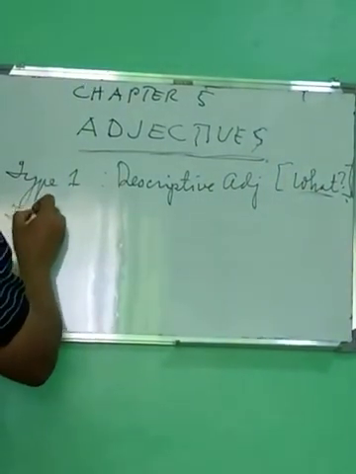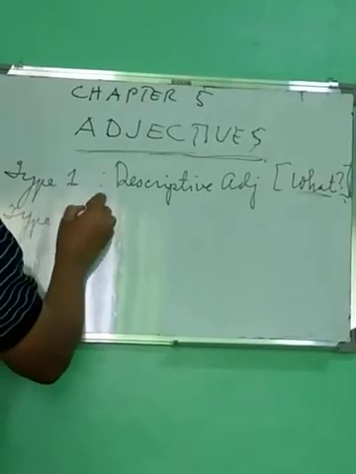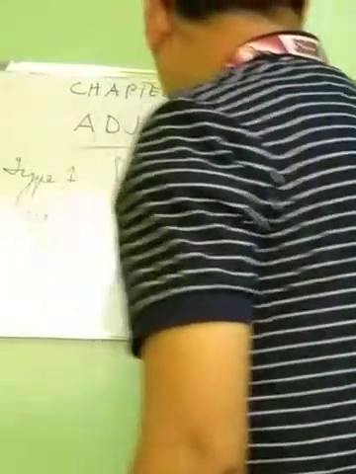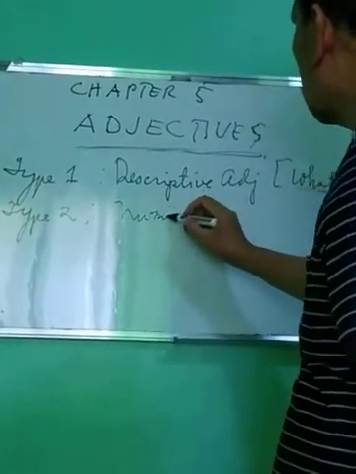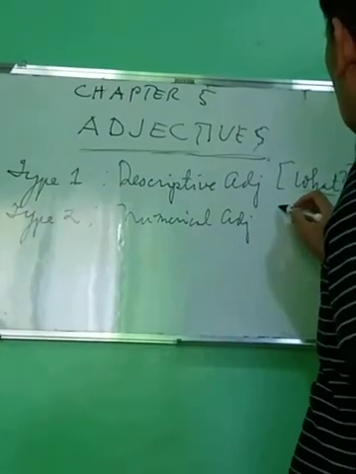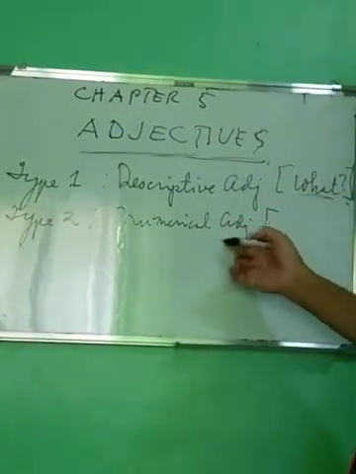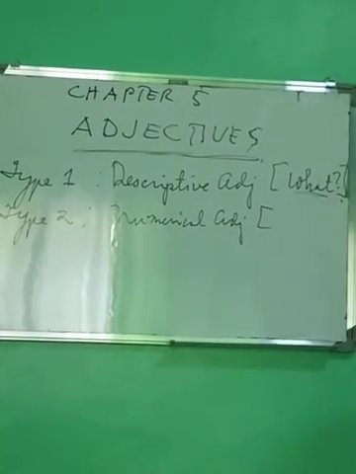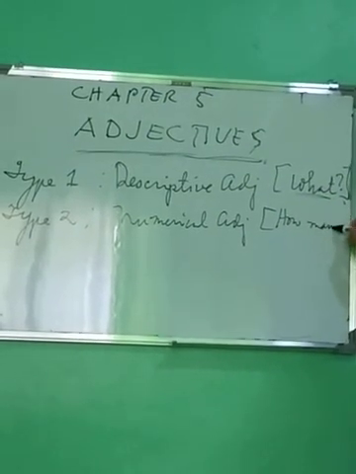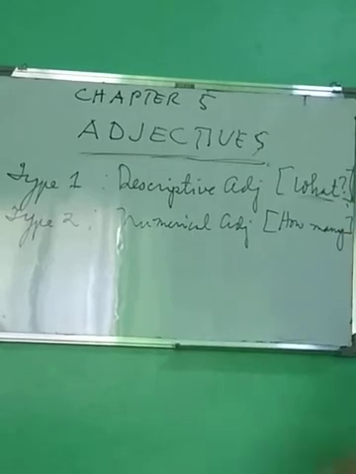For type 2, what is type 2 again? Numerical adjectives. So, what question would numerical adjectives answer? It would answer how many. So, how many?